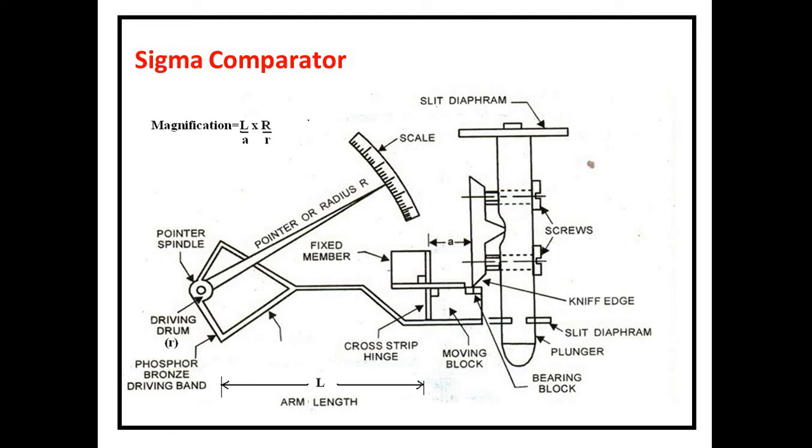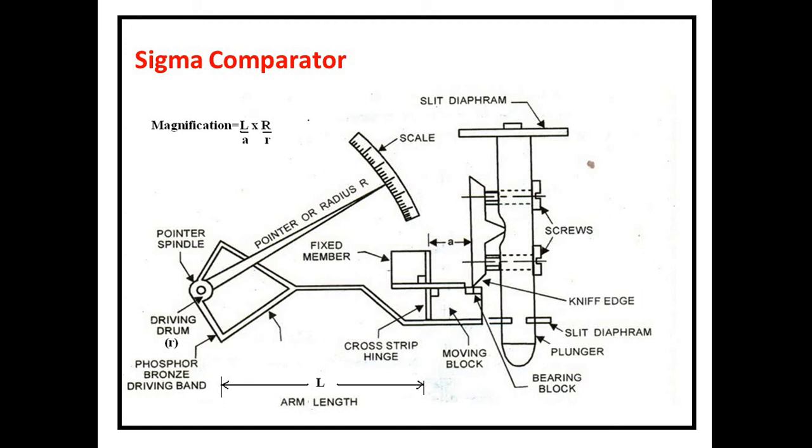Okay, now here this plunger carries a knife edge. You can see this is the knife edge. This plunger carries a knife edge. This knife edge is supported on a cross strip. These two rectangles together constitute a hinge.